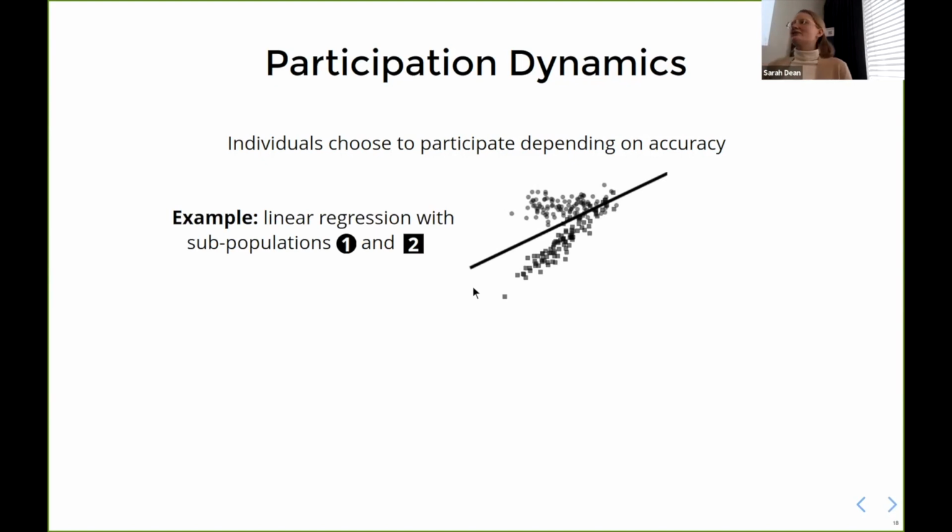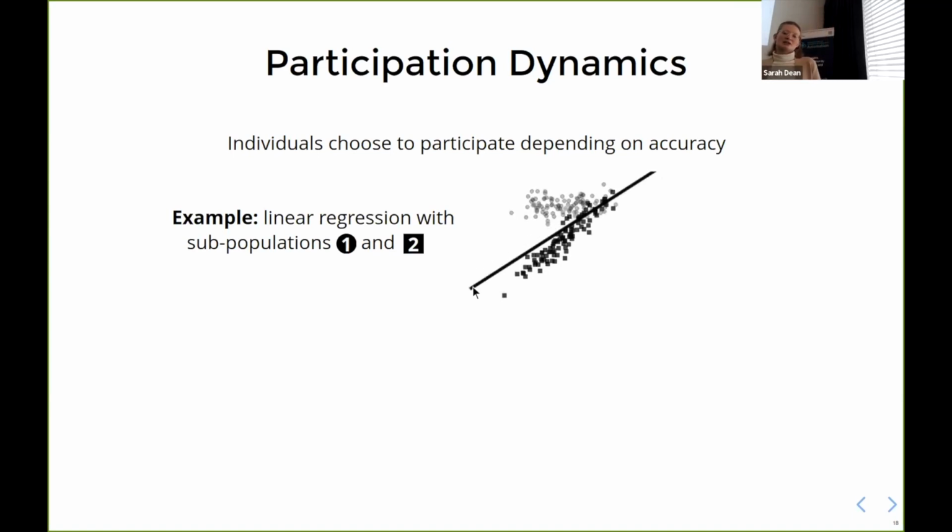And I'm in the setting of linear regression. I want to predict how long somebody will listen to the next piece of music based on the last song they listened to, or something simple like this. And maybe actually the data looks very much like this, so there's actually not a good single linear fit, because there's two different clusters of people who have different linear relationships. If I wanted to try to catch everybody, I would have a line that looks like that.